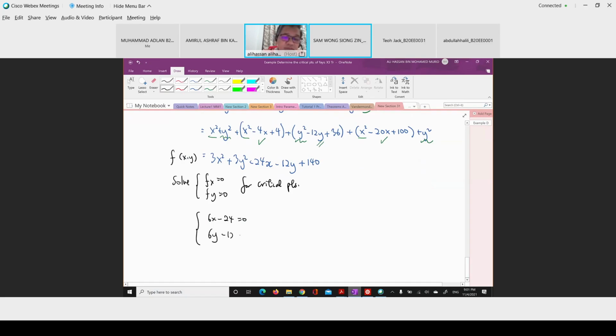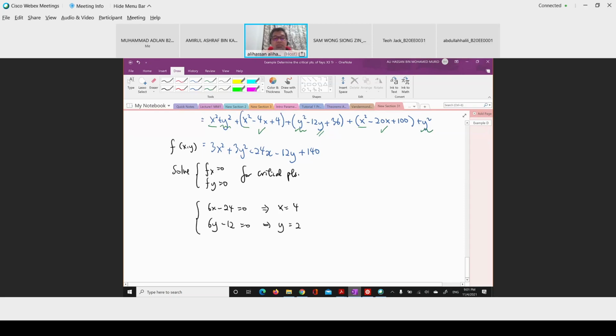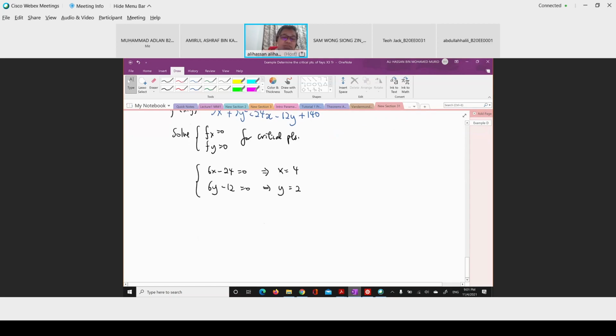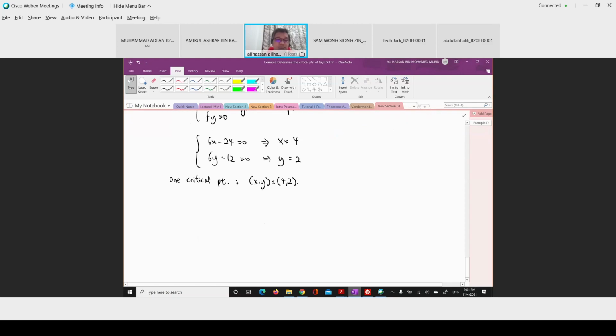So this is an easy set of equations to solve. x is equal to 4, the other one is y equal to 2. So this is a simple simultaneous equation to solve. In this problem we have only one critical point, namely (4, 2). Now the question is whether this gives rise to the minimum.